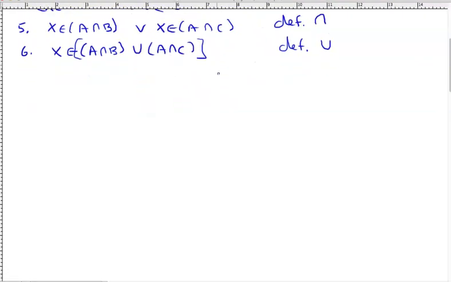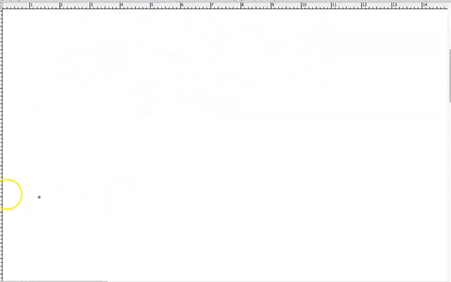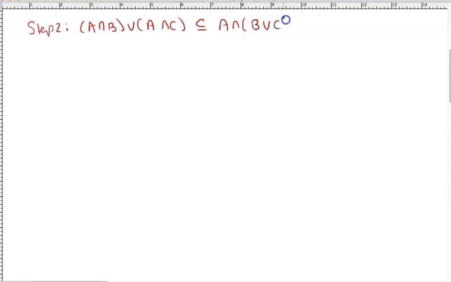All right, so now let's do step two. We're kind of working backwards. So step two, we're trying to show that (A intersect B) union (A intersect C) is a subset of A intersect (B union C).